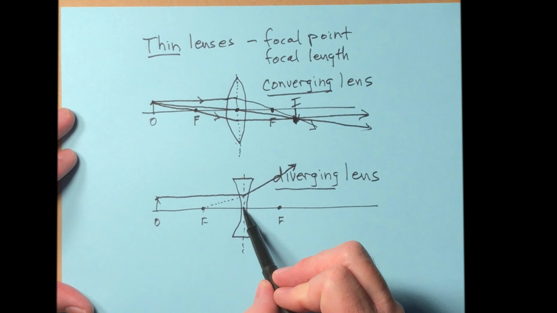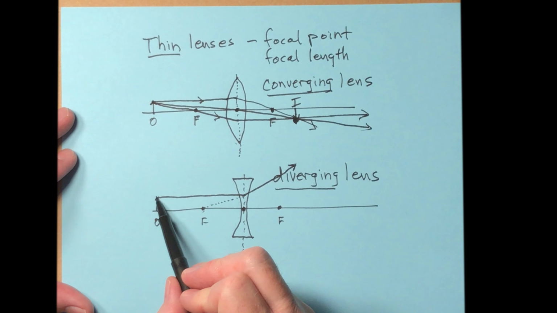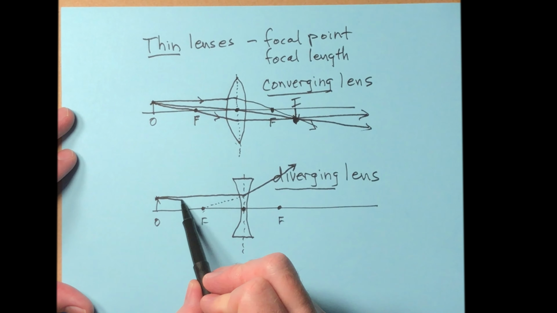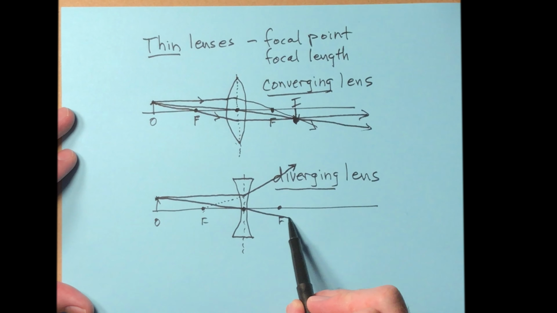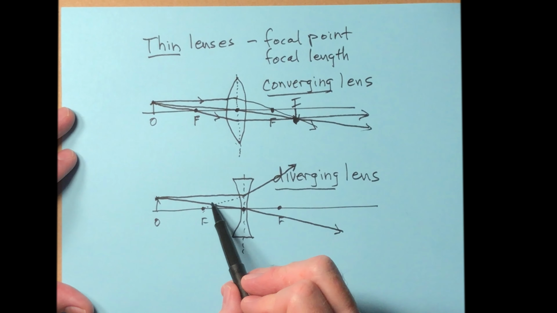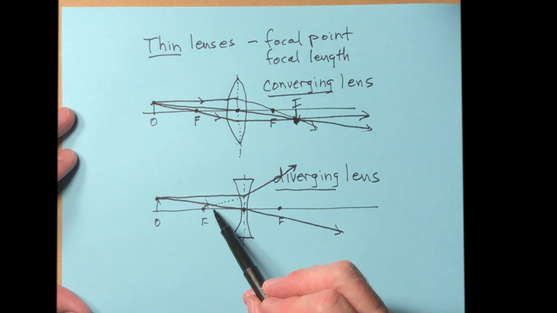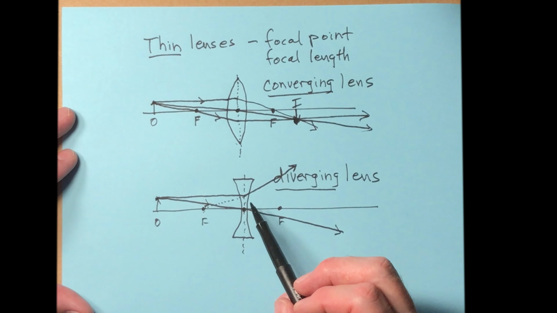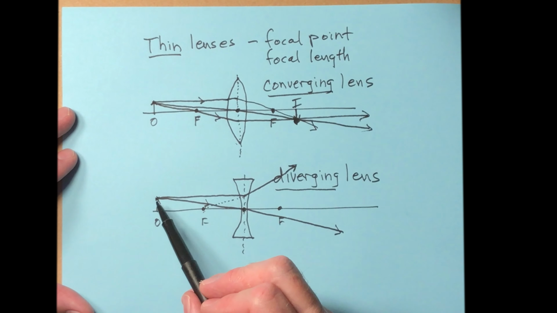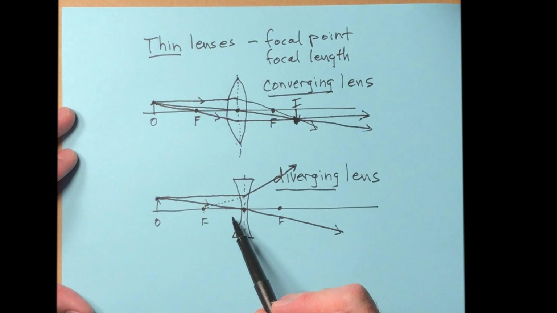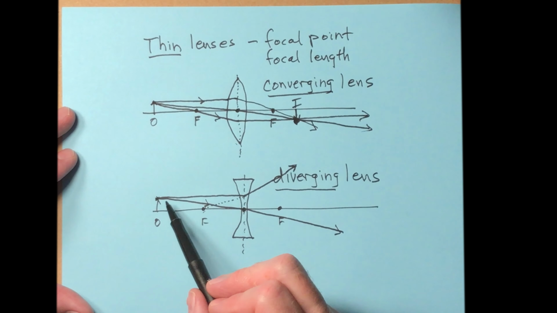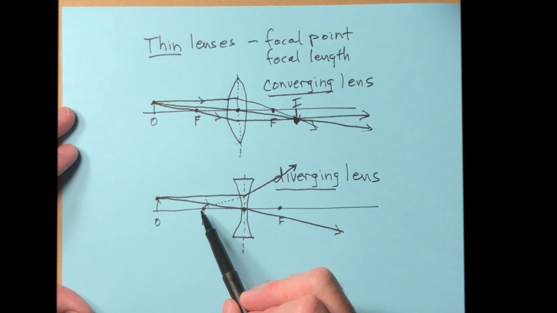Now, this is still the center of the lens here, so a light ray would go through the center like that, uninterrupted. All right, but what about the third one? Well, if you have a ray that's heading towards a focal point, now which focal point? It's this one over here.